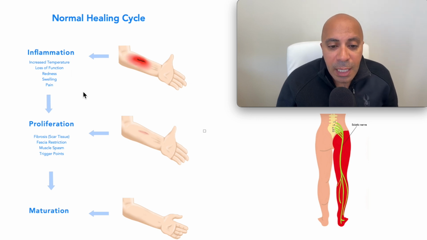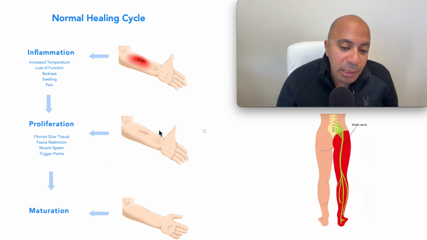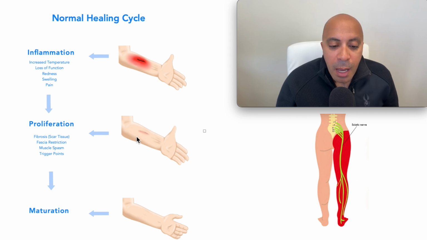The first stage is inflammation: swelling, redness, the blood starts to rush to that area, as you see in this image. The second stage of healing is the proliferation stage. That's when your body starts to build fibrotic tissue, scar tissue, and you can see it in that image. In the perfect scenario, during the maturation stage, your body starts to clear up everything from the proliferation stage and the inflammation stage.